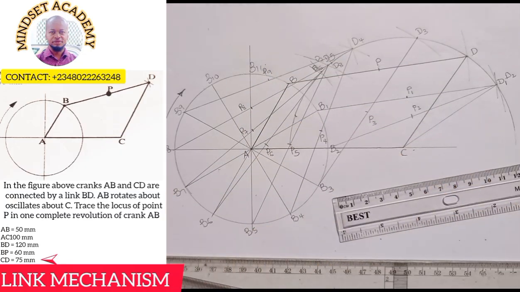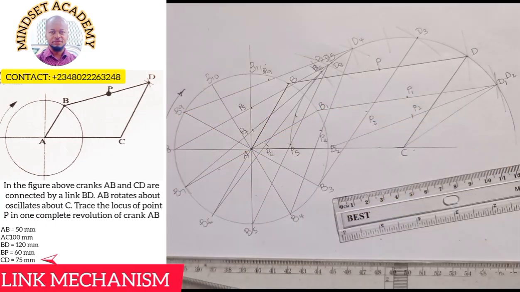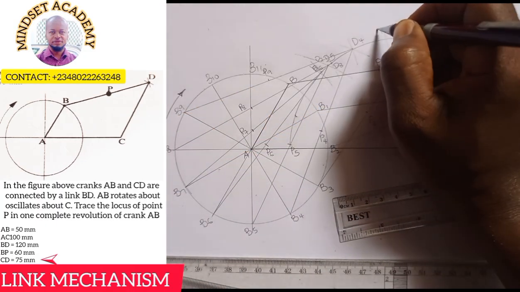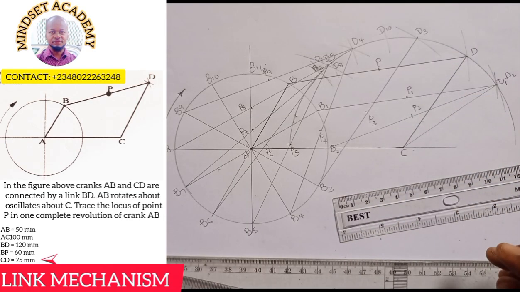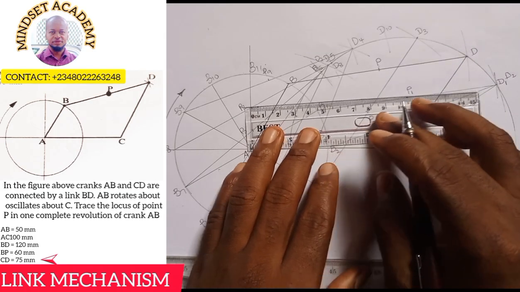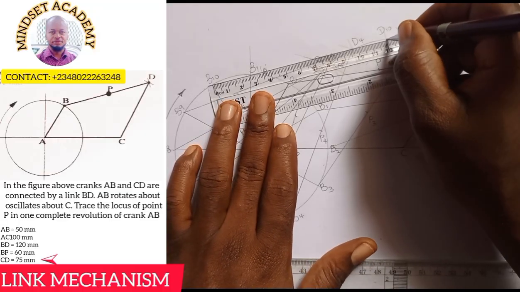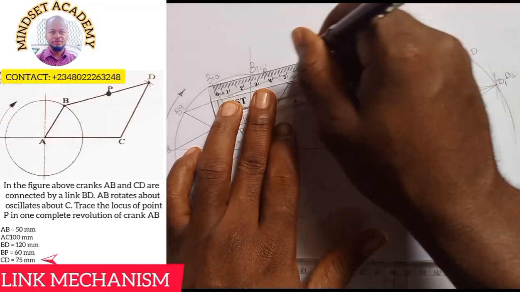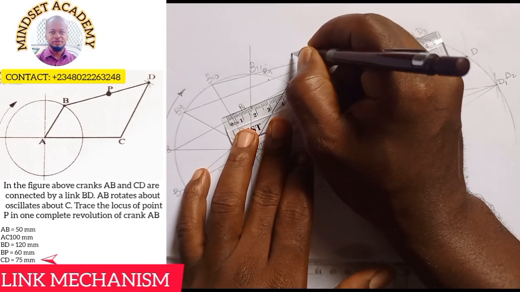Right? Then from B10, I'll still strike on that arc. That'll give me my D10. So when I come from B10 to this point here, half of it is 60. That is my P10.